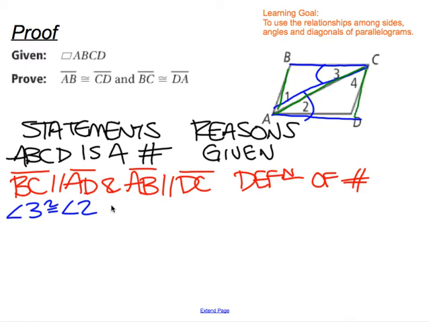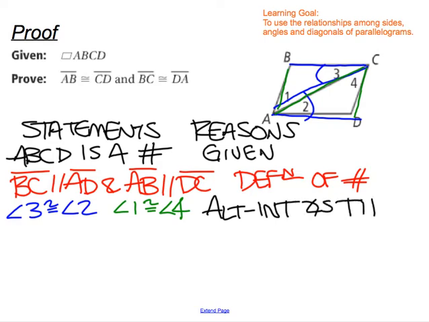And in this case, I can say that also angle 1 is congruent to angle 4. The reason for both of these is the alternate interior angles theorem. And that came from chapter 3.